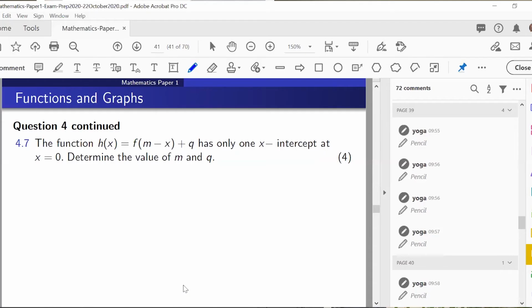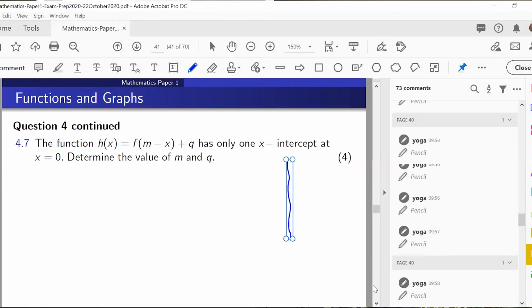Now, when we look at the question, we are given a function h of x equals f of m minus x plus q. And we say it has only one x-intercept, and that occurs at x equal to 0. So that is a quadratic function.